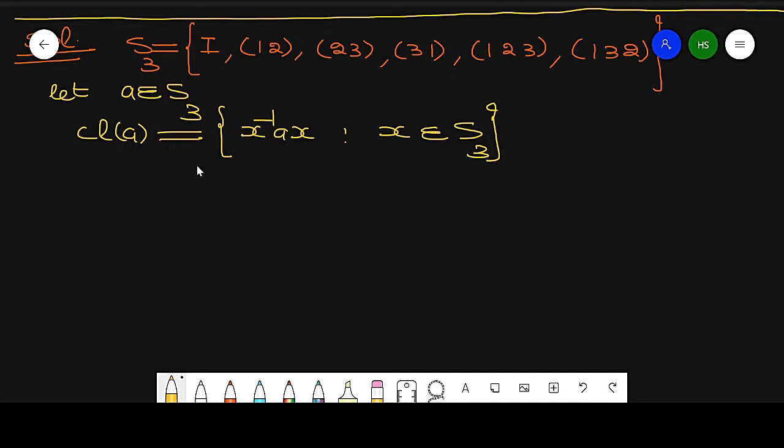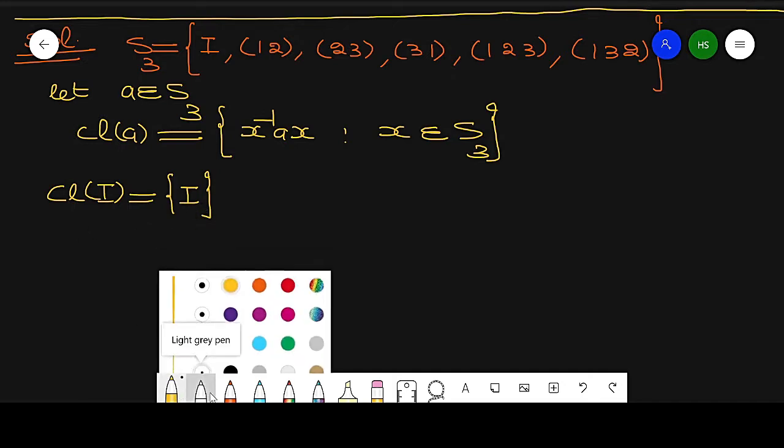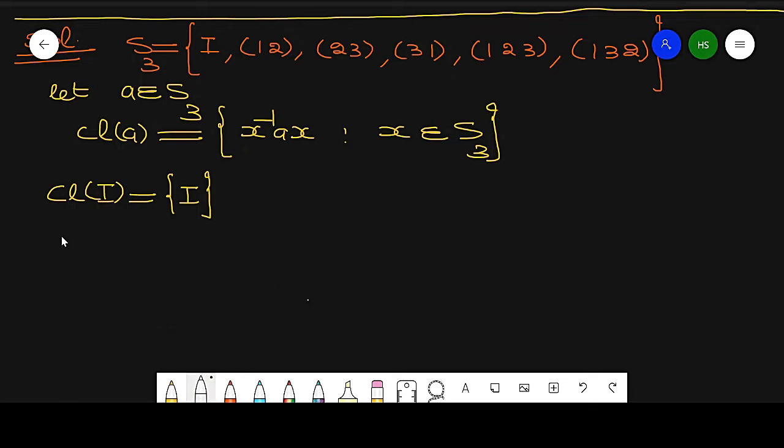Now in this S3 we have cycles of order 1, order 2 and order 3. So it means we have three classes. The first is the class of identity of order one, consisting only of the identity element, because in a class the elements are conjugate to each other, and if they are conjugate then they have the same order.